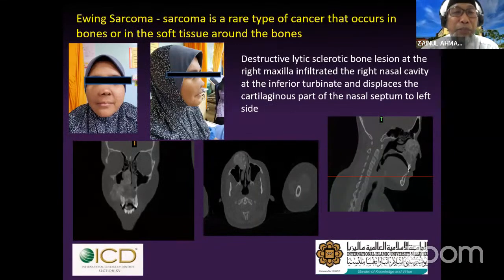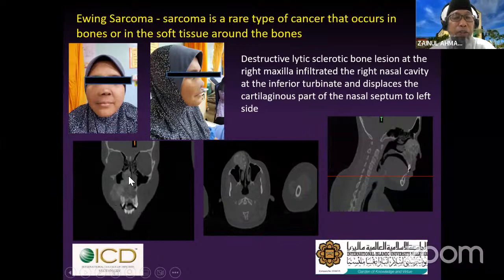One example of the cases that we have done here is a patient with sarcoma, Ewing sarcoma. This is basically a cancer where you can see from this coronal view there's a radiopaque lesion extending from the maxilla, going further up to the inferior turbinate and invading the right maxillary area.